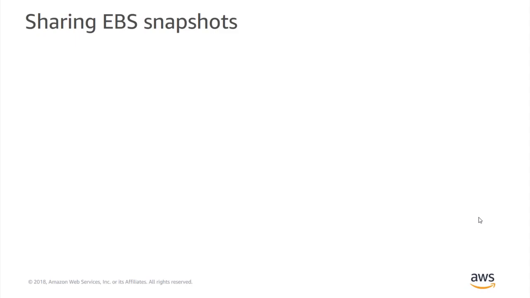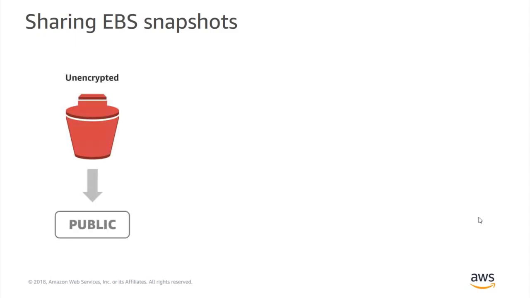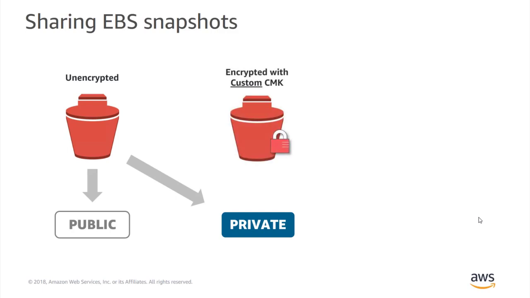It's important to remember that the encryption state of a snapshot influences how it can be shared. If a snapshot is not encrypted, then it can either be shared publicly, which means that anyone has access to it, or it can be shared privately, which means that only a limited set of accounts have access to the snapshot. If the snapshot was encrypted with a custom CMK, then it can be only shared privately.